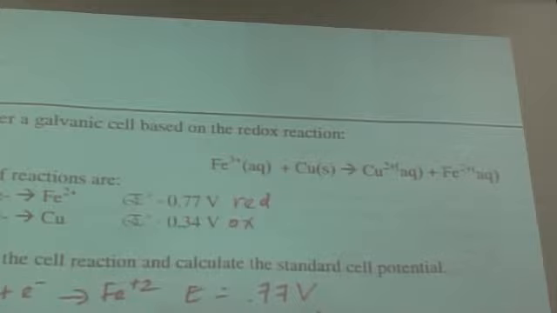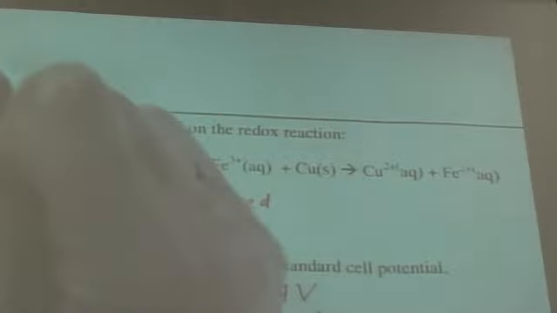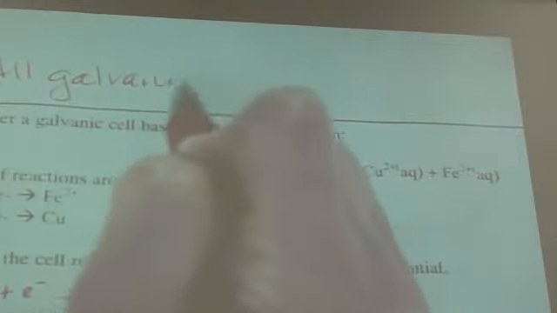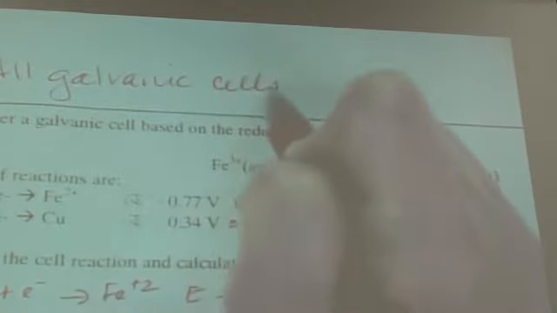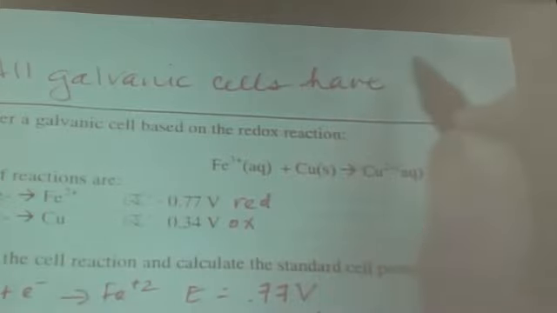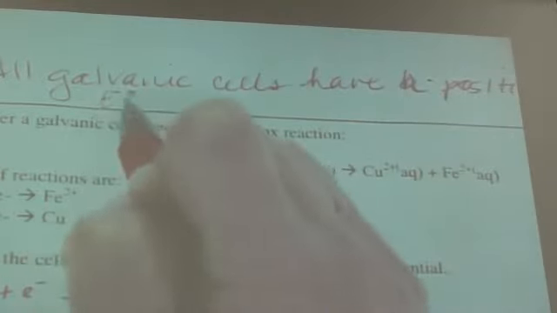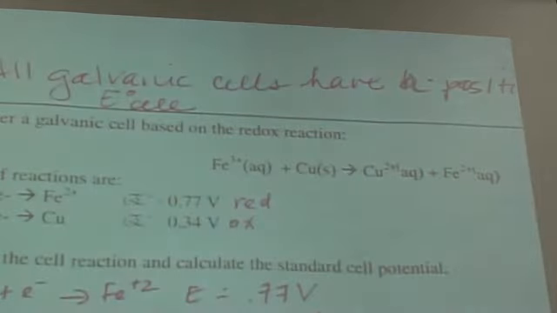So the E cell for this particular reaction is 0.43. Okay, here, write yourself a reminder. All galvanic cells have a positive E cell. Okay, wait, I thought it would be, you just multiply the top by 2. Hang on. A positive E cell. What concentrations? Okay.